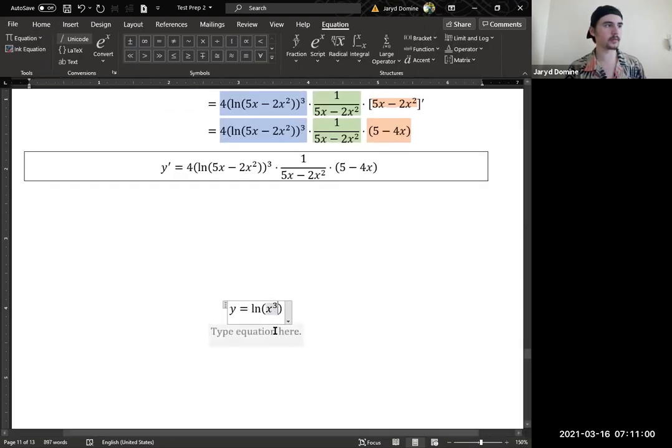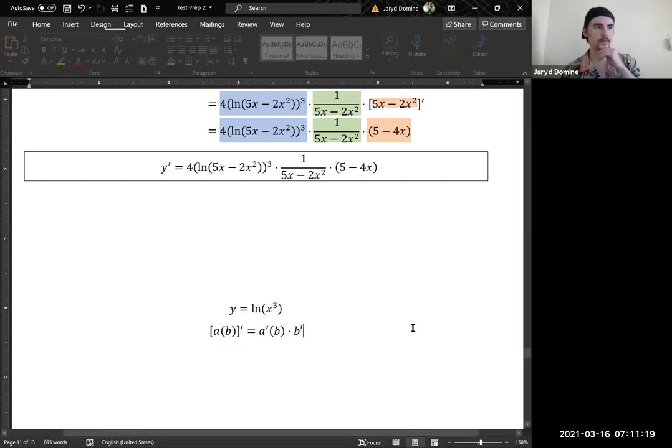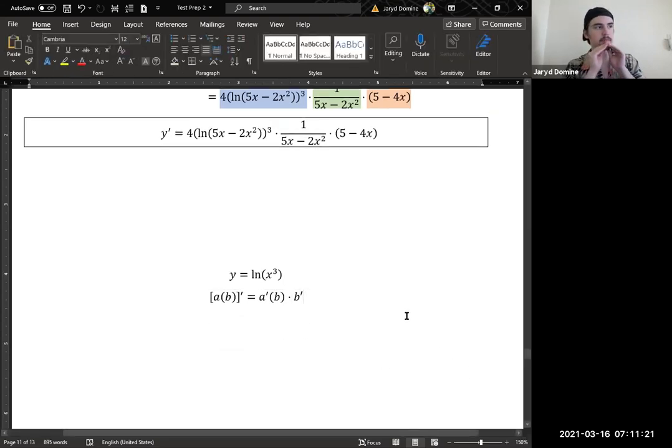Okay. So let me write down the formula so that you can see it. So the chain rule formula: if I have a function inside of a function, the derivative is a prime of b times b prime. Okay, so if you just want to base this purely on the formula, then all you need to know is what a and b are.